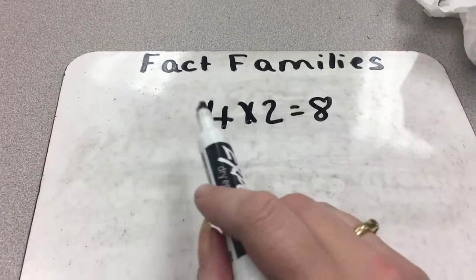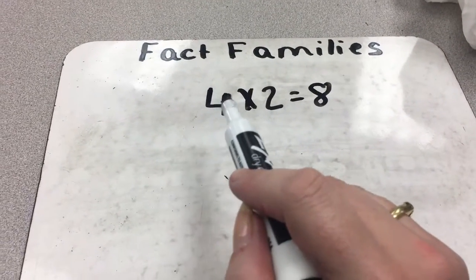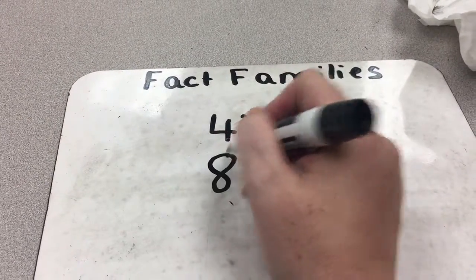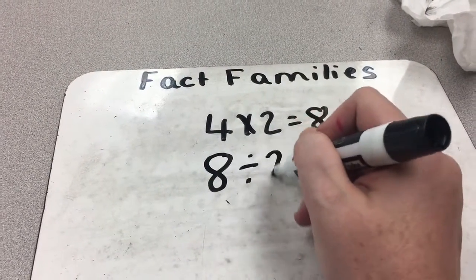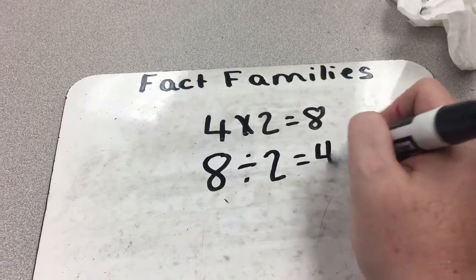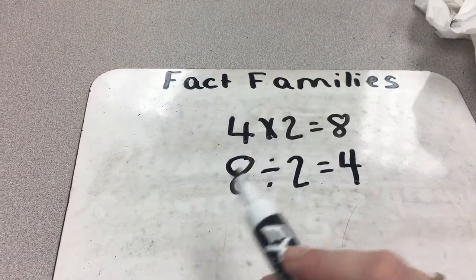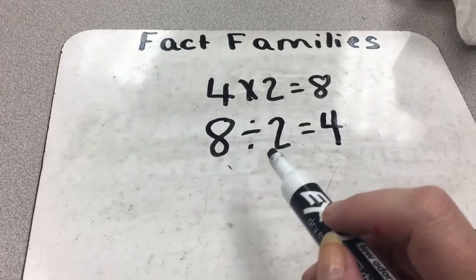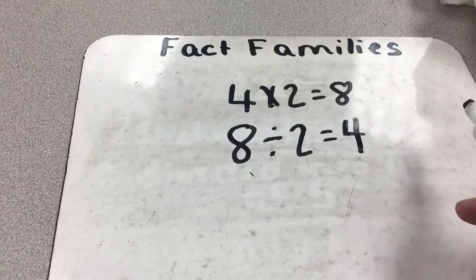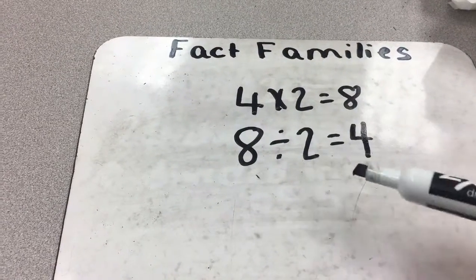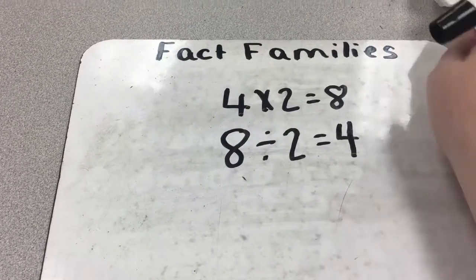If a student knows that 4 times 2 equals 8, they're going to very easily be able to understand that 8 divided by 2 equals 4. They just need to ask themselves, 2 times what equals 8? Well, 2 times 4 equals 8. So 8 divided by 2 equals 4. This is using fact families.